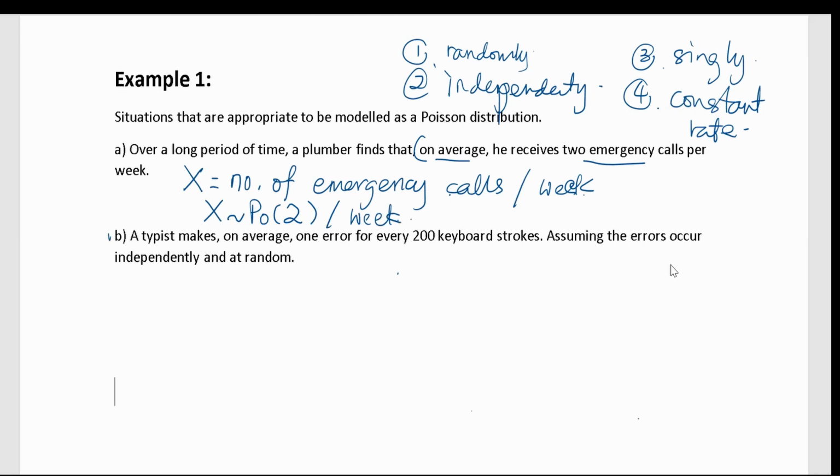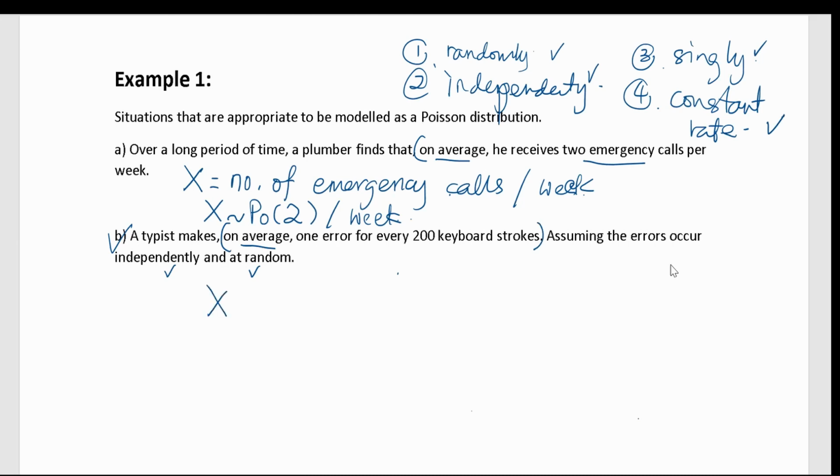Now we look at B. A typist makes, on average, 1 error for every 200 keyboard strokes, assuming the errors occur independently and at random. So it has independent and random. The errors will happen singly, one error after the other, and there is a constant rate: on average 1 error for every 200 keyboard strokes.